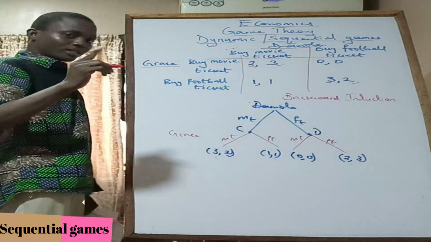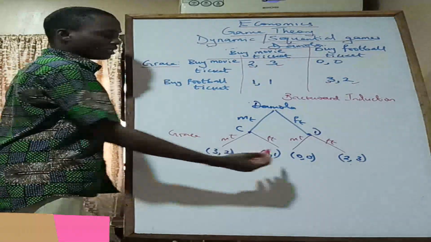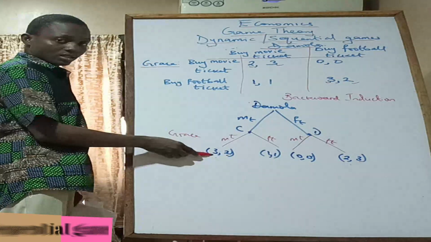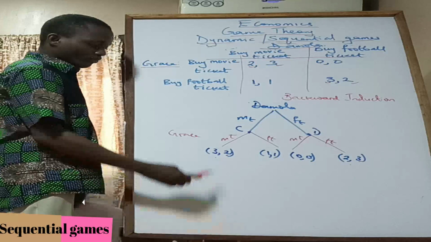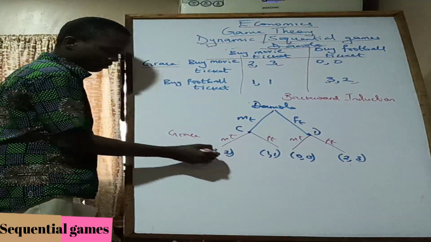But then remember, I said the overall consideration is the better payoff here. Is it as good as the better payoff here? So the better payoff for Damola in this place is 3, right? The better payoff for Damola here is 2. But then you want to maximize your welfare. 3 is better than 2, so Damola ends up here picking 3.